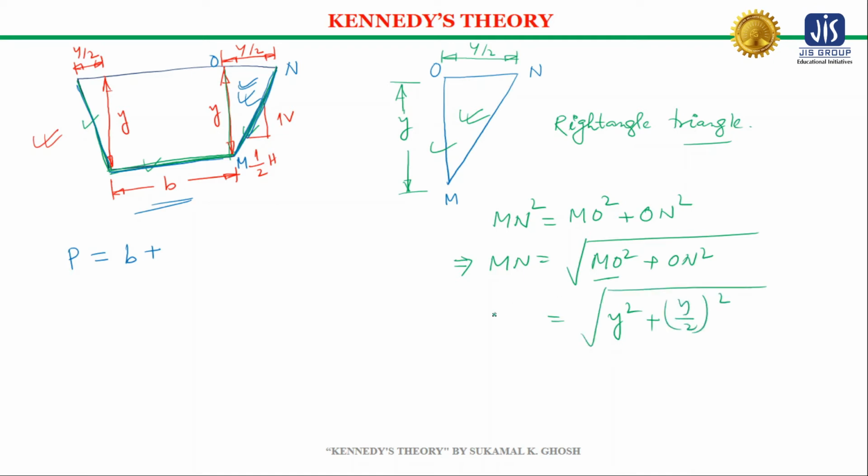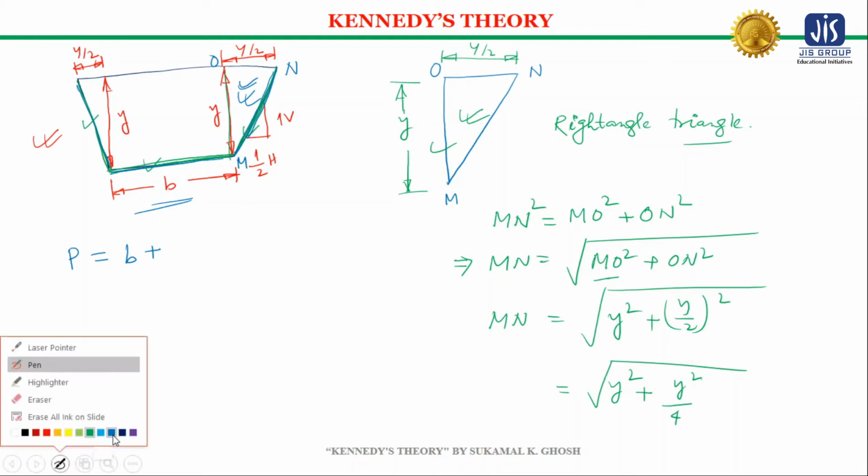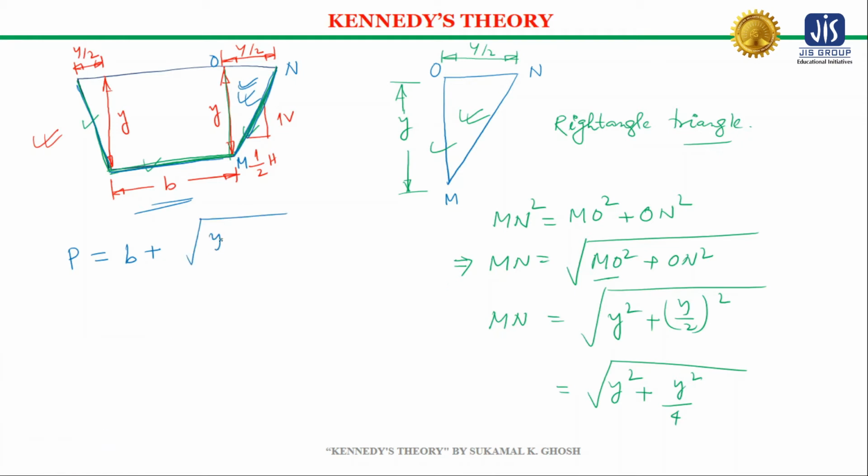So MN is root over y square plus y square by 4. So this height MN will be root over y square plus y square by 4.